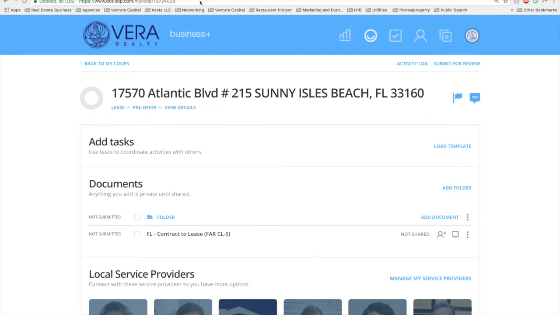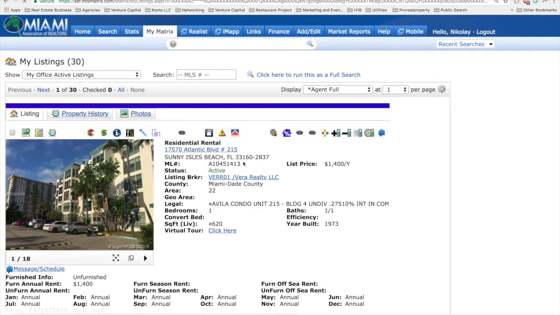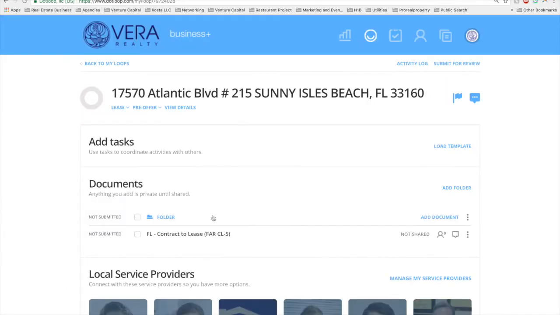17570 Atlantic Boulevard. We have it also pulled up here in MLS. So let's say the contract to lease was accepted by the landlord, signed and initialed by the landlord on all 3 pages, and now we can prepare the lease agreement.